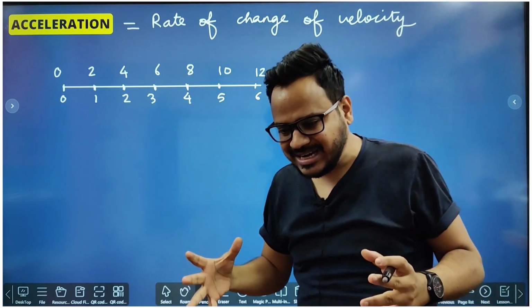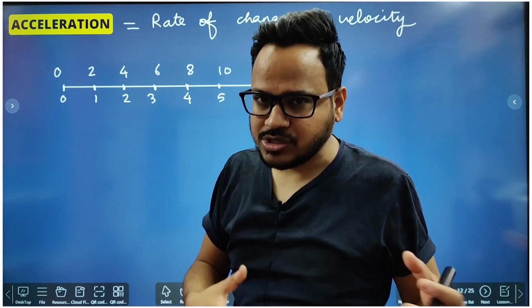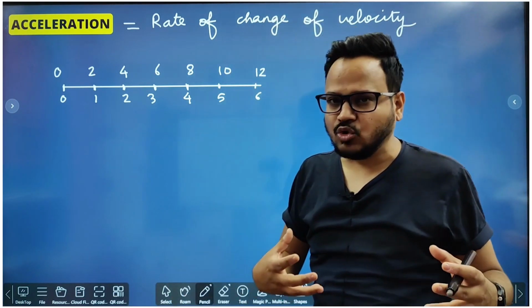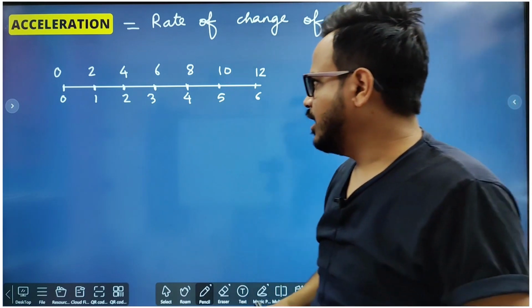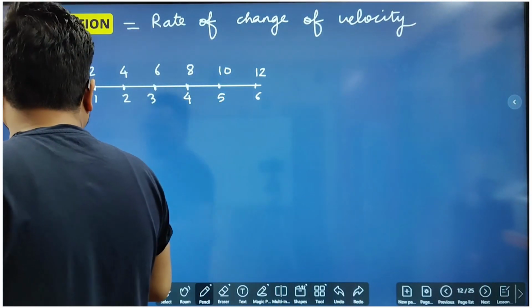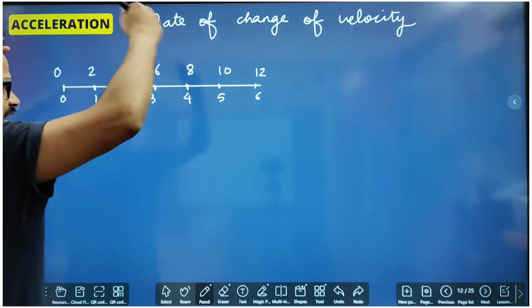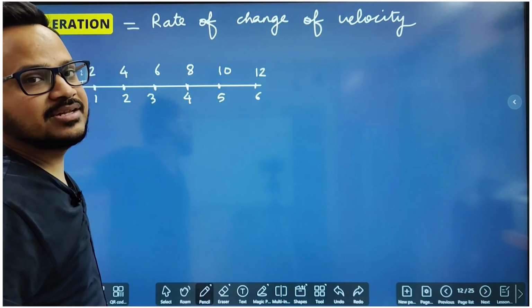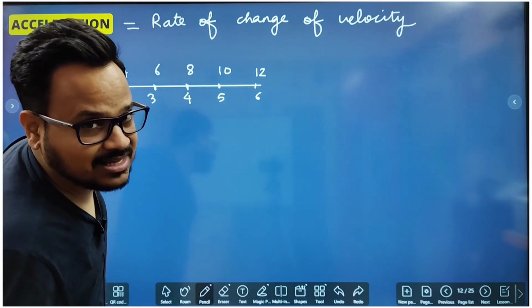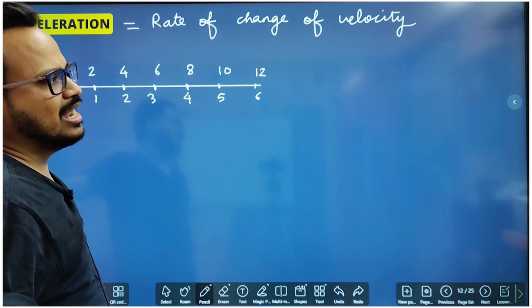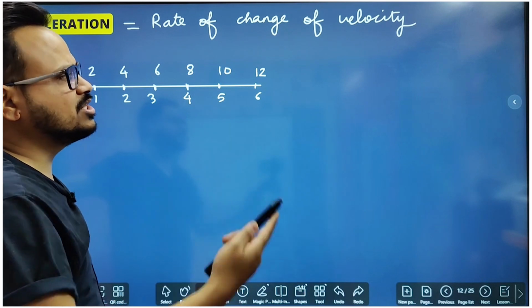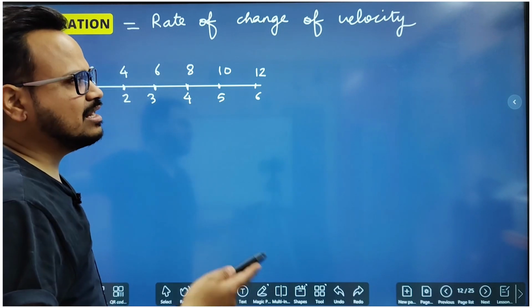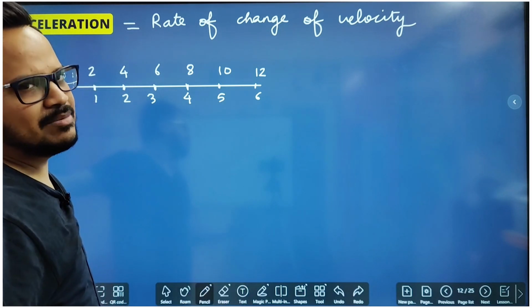So acceleration is mainly the rate of change of velocity, but I am just saying speed to make you understand the concept, right? It is velocity. So acceleration is the rate of change of velocity. How much velocity is changing per second, that value is called the acceleration of the body. And it is not necessary that velocity is increasing, it can be decreasing also. So acceleration will be negative.